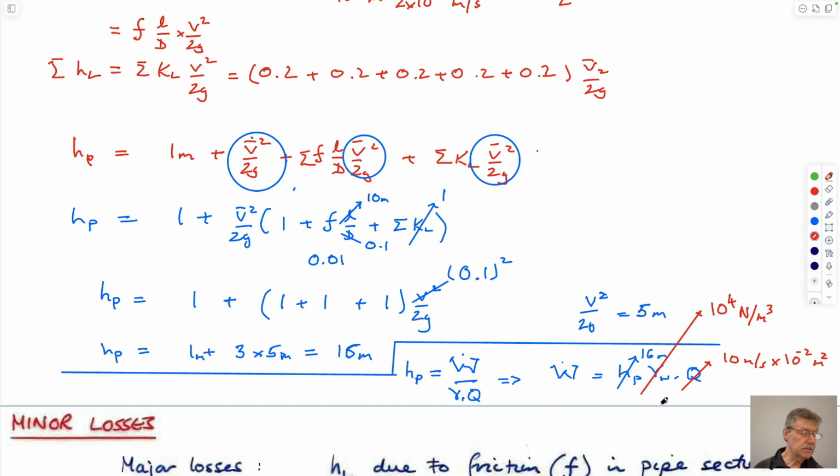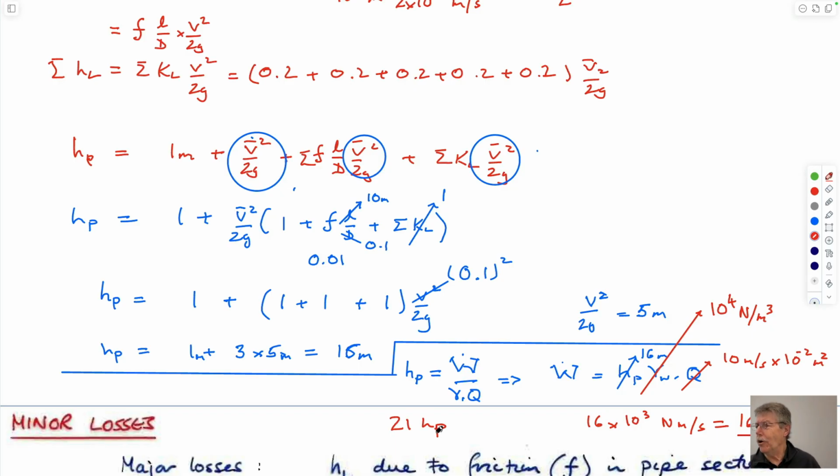And this gives us 16 times 10 to the 3 Newton meters per second. So 16 kilowatts, which I looked up last night, is, I don't know, 21 horsepower. I did it on Google, so it may or may not be right.